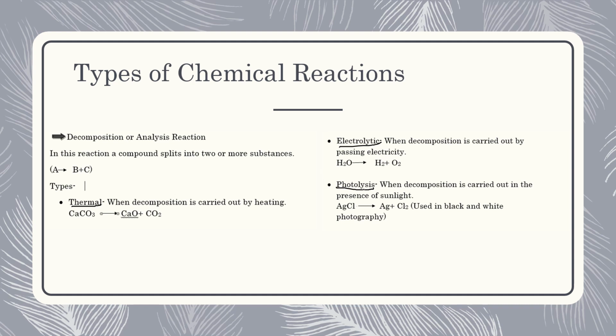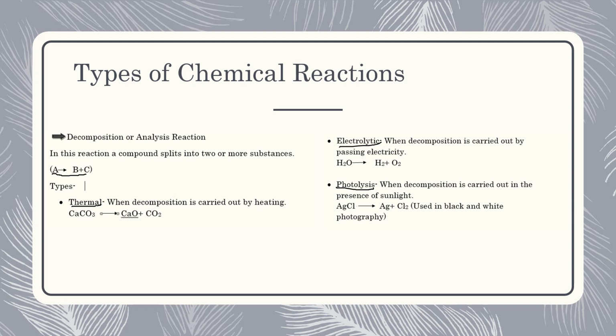Then the photolysis is carried out in the presence of sunlight. So first let's see what is decomposition reaction. In this reaction, a compound splits into two or more substances. And the way we write it is, if A is a compound, it will be split into B plus C.